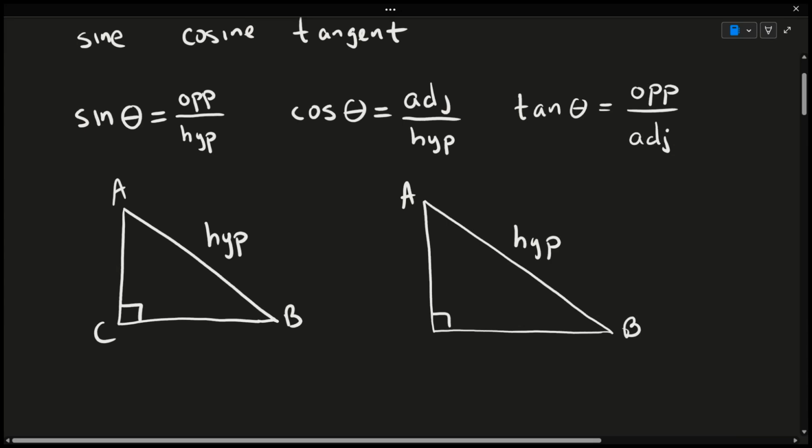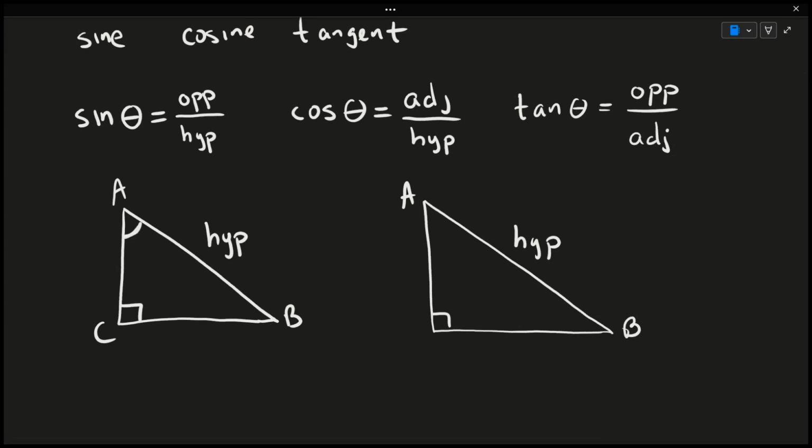That is not changing. But if we're focused on angle A, relative to angle A, this is the opposite leg, and this is the adjacent leg. Same triangle, if we're talking about angle B, they switch.